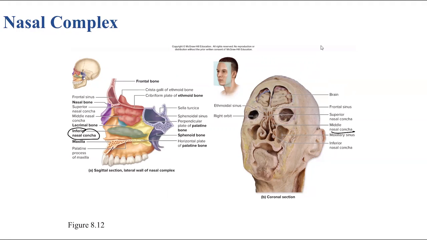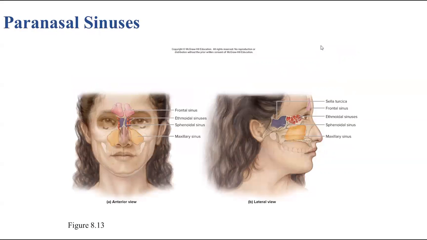The idea is they increase the surface area that the air passes through on its way into your respiratory system. Okay, sinuses, so I kind of already hit on those. Frontal, maxillary, sphenoid, and then ethmoid.